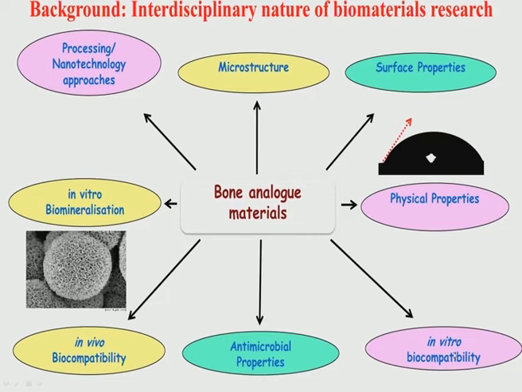These are to be evaluated using various bacterial strains, both pathogenic strains like Staphylococcus species or non-pathogenic strains. And finally, in vivo biocompatibility. Now, in vivo biocompatibility is to be assessed using an appropriate animal model.